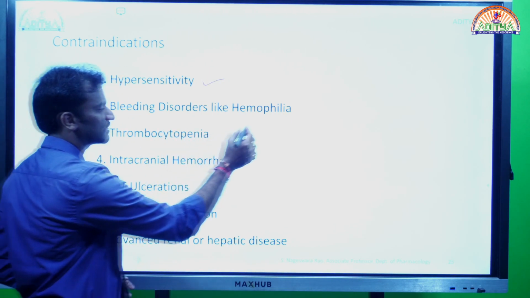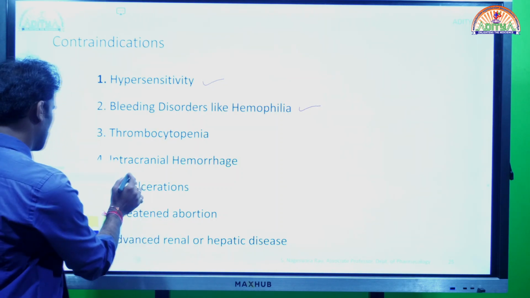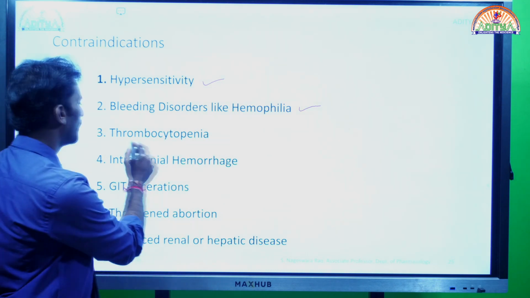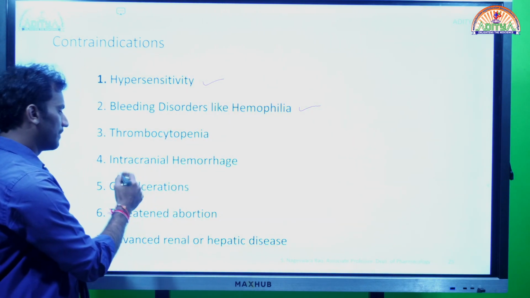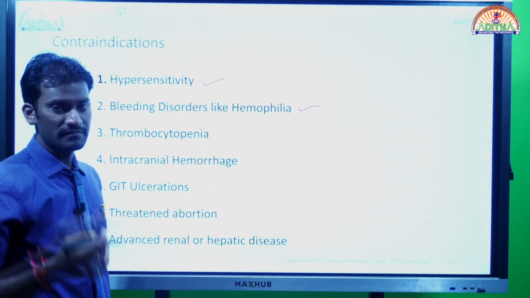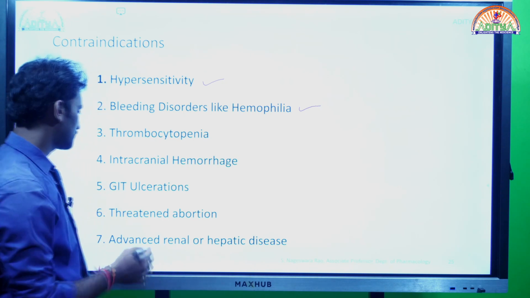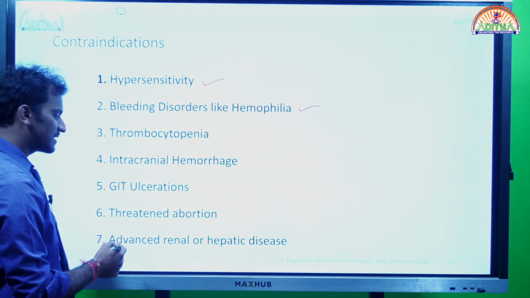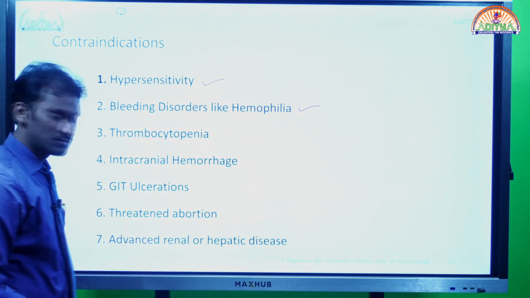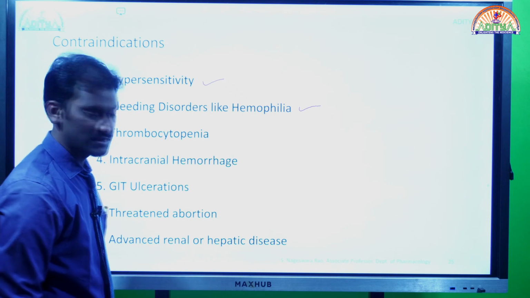Next, bleeding disorders like hemophilia, and thrombocytopenia, intracranial hemorrhage, where within the brain there is a leakage of blood, gastrointestinal ulcerations, threatened abortion, and advanced renal or hepatic disease.